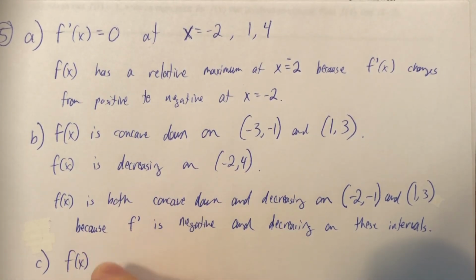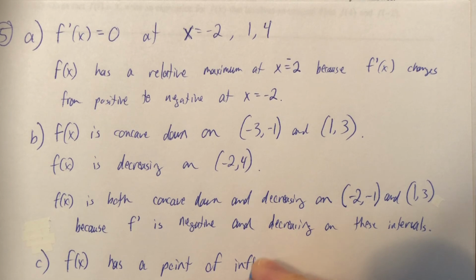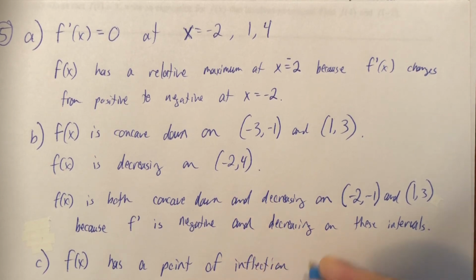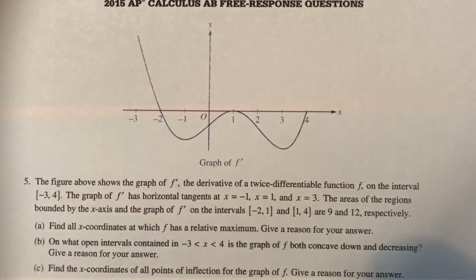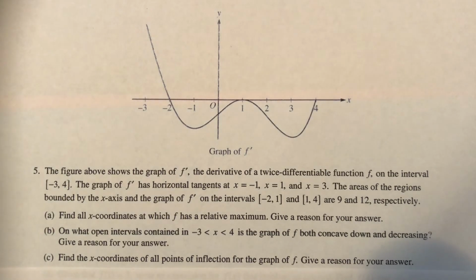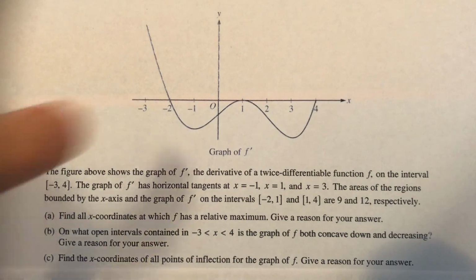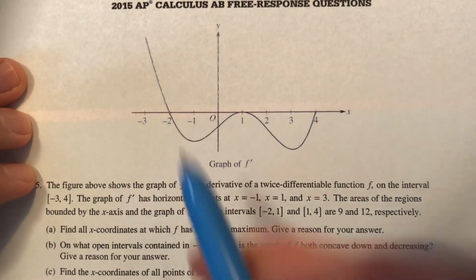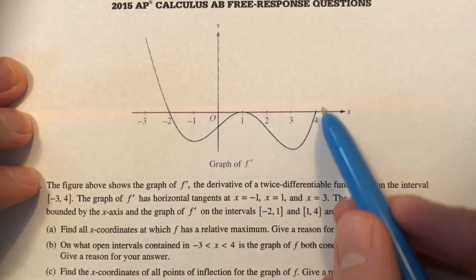F of x has a point of inflection at, and then we'll stop and we'll look at the graph. A point of inflection is a second derivative issue, meaning I need to think about the slope of this. And my slope is negative, then it's positive, then it's negative, then it's positive.